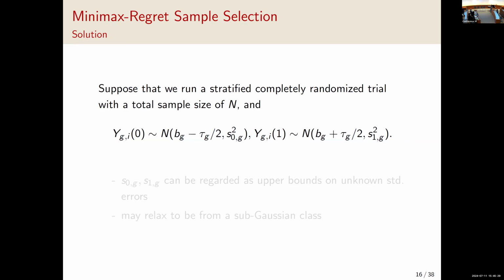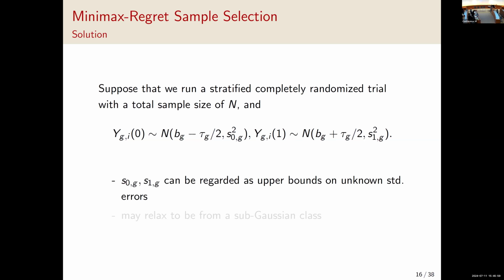And we give an exact solution to this Minimax-Regret selection problem under a general class of DGPs when we run a stratified, completely randomized trial with a total sample size of n. We assume that the potential outcomes are IID observations from two normal distributions. Here, b_g is a baseline parameter, tau_g is the treatment effect that we care about, and s_0g and s_1g are the noise levels in the observation.